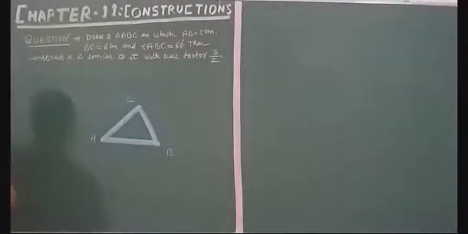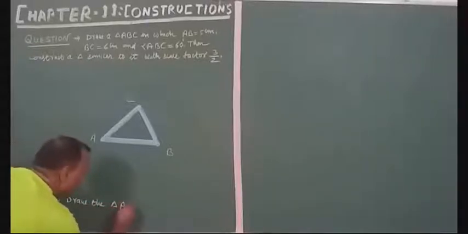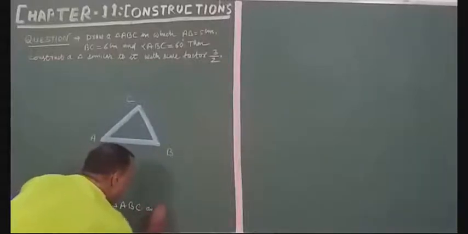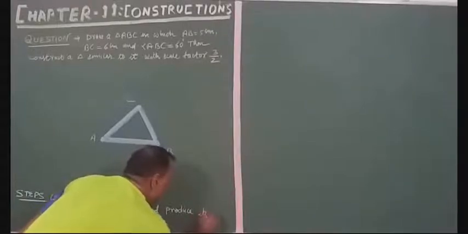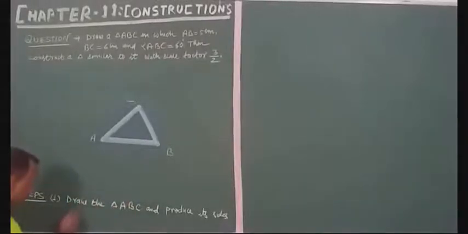What is our step number 1? Construction step. Draw the triangle ABC and produce its sides AB and AC.